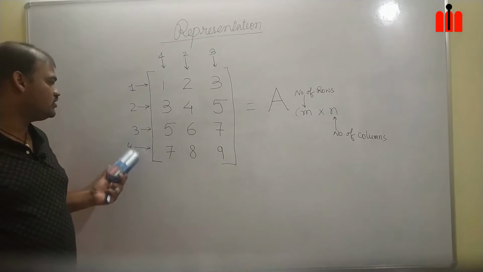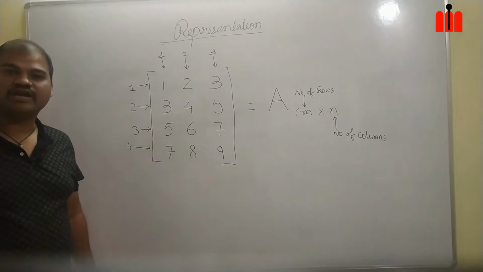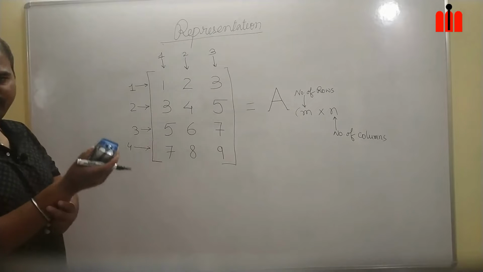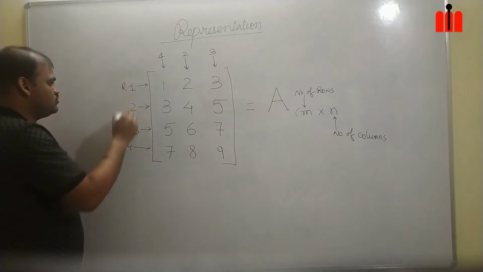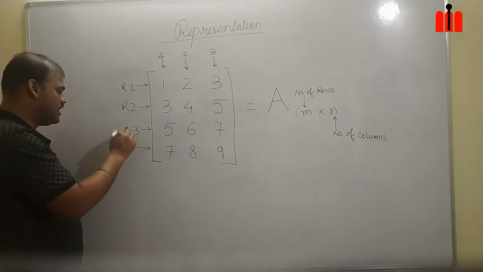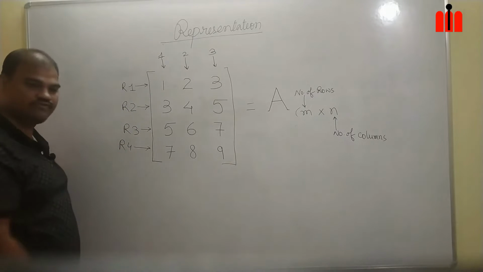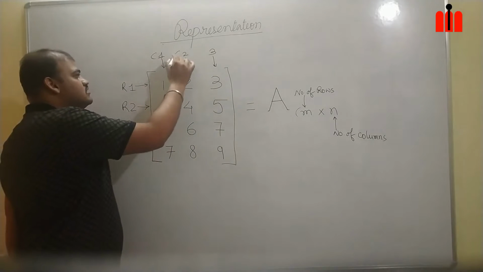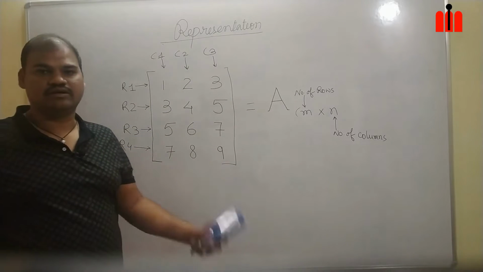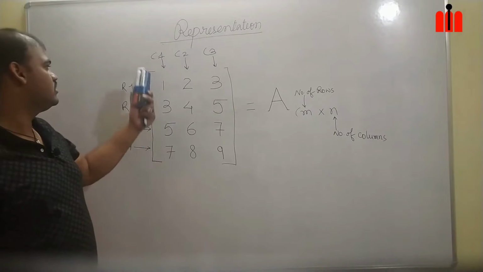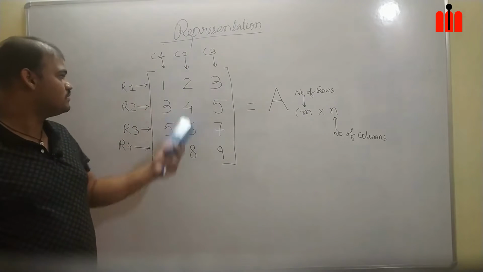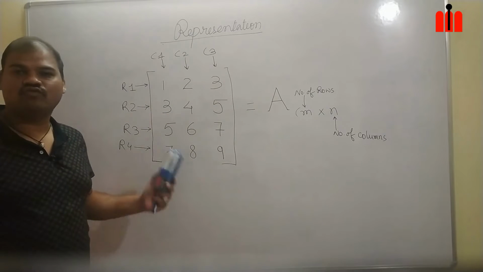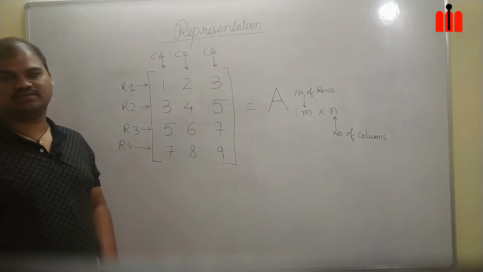Now by representing it with 1, 2 and 3 here also, it will create a confusion. So what we do, we will put a prefix of R for rows like R1, R2, R3 and this is R4, and prefix of C for columns C1, C2, C3 like that. 4 rows, 3 columns matrix.